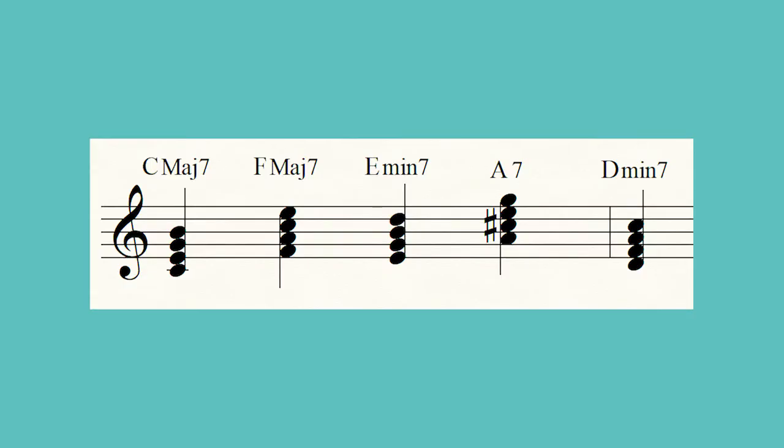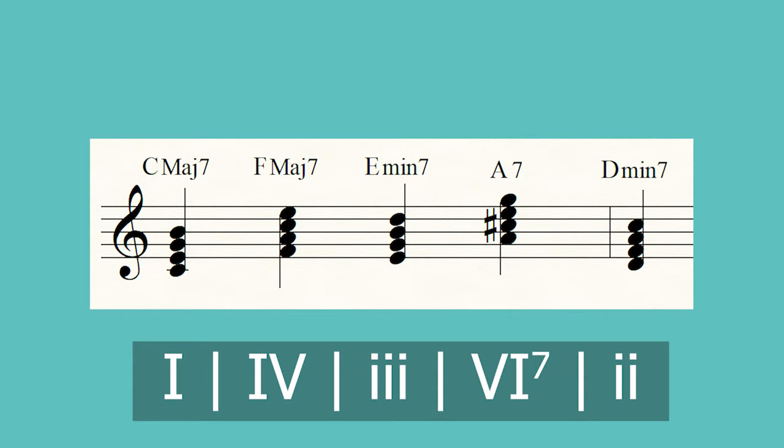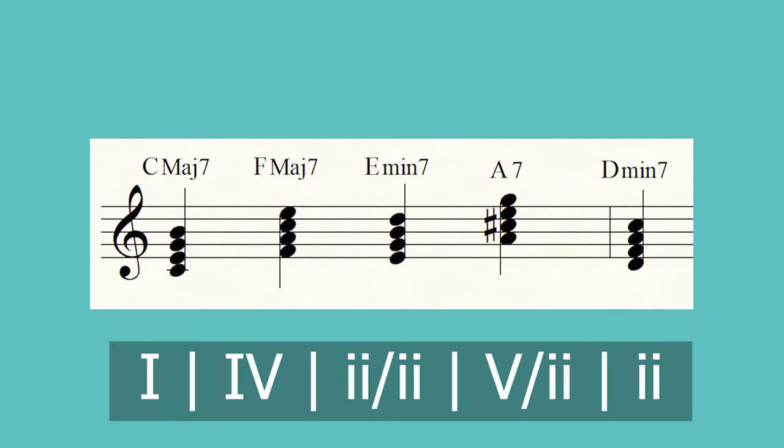Now what we just did was 1 4 2 5 in the key of D, and then we added a 2 chord. So we didn't just have 1 4 3 minor 6 major 2, we had 1 4 2 5 of 2 to 2. So we had this relationship between these chords that's out of a key briefly and then comes back to the original key.